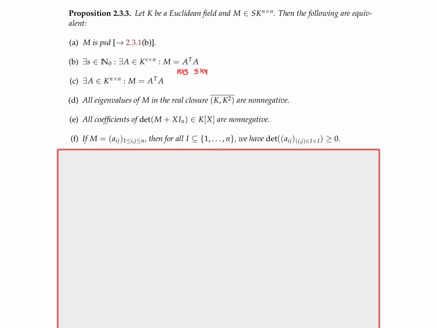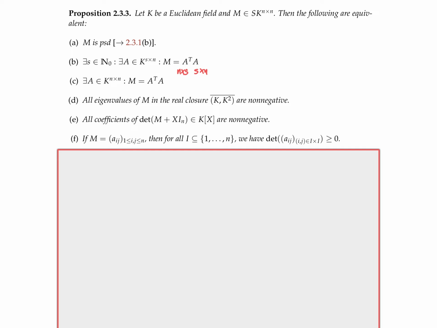And I do this for every subset of indices, so I have 2^n choices here. It's quite a lot, right? And then I take the determinant of these principal submatrices. That's also called the principal minors of a matrix. So I require all principal minors of a matrix to be non-negative.